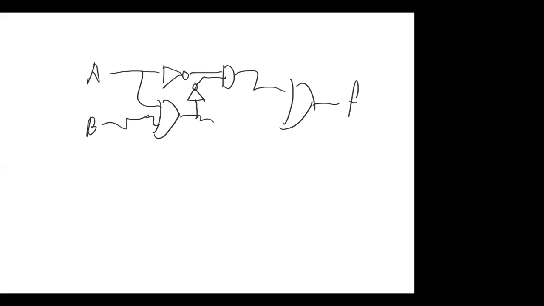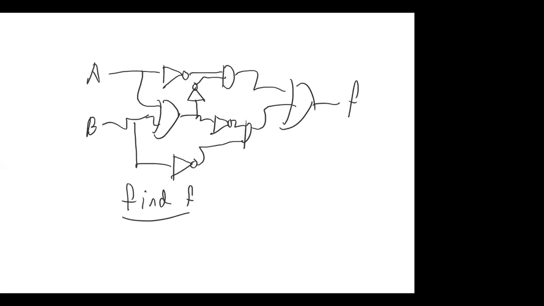And we have another inverter, and that goes into yet another AND gate, which goes into this OR gate. And then B goes into an inverter, which then goes into the AND gate. Find F. So this is what's called multi-level logic.